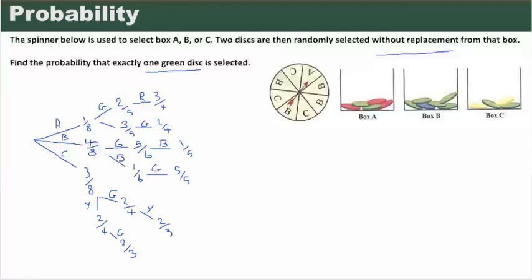Okay, I showed all the probabilities that I can get only one green disc. So I write the probability for box A. First of all, the probability of A would be 1/8. They are independent with this box, so I multiply, A and one green, because these events are independent.